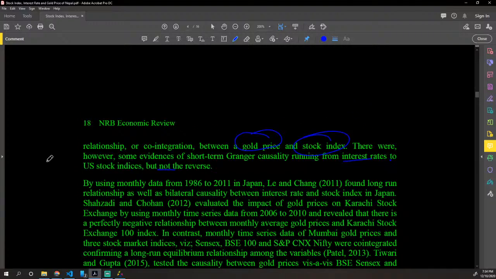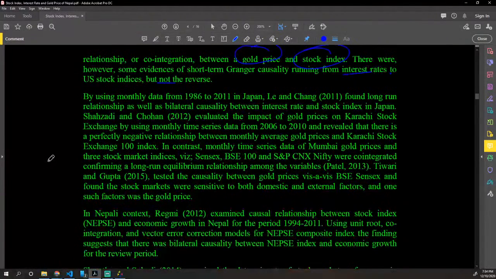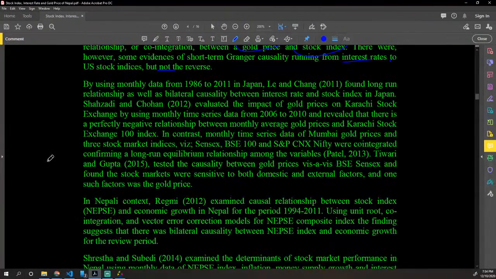Not the reverse. By using monthly data from 1986 to 2007 in Japan, Lee and Chang 2011 found a long-term relationship as well as bilateral causality between interest rate and stock index in Japan.